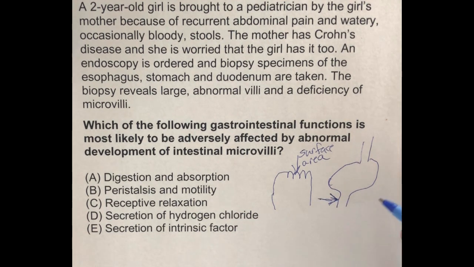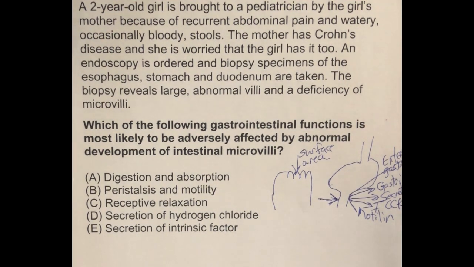And in this brush border, in the duodenum, we know we have G cells for gastrin, S cells for secretin, I cells for cholecystokinin, many hormones, M cells for motilin, cells that also make another hormone known as enterogastrone, not enterogastrin.